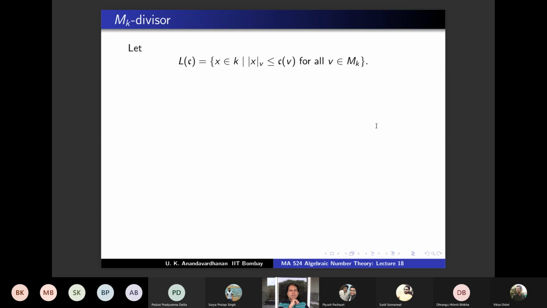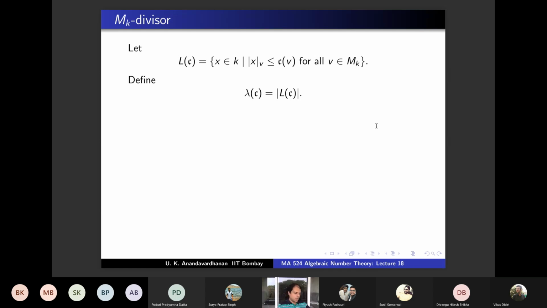Given an MK divisor C, associated to it you have this set L of C, which is all those elements x from your field K such that mod x V is less than or equal to CV for all the absolute values V. We are interested in the cardinality of this set, and our main result is going to give some inequalities for it, one upper bound and one lower bound. That's all that we will do today.